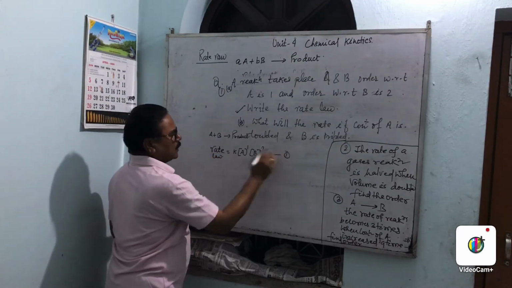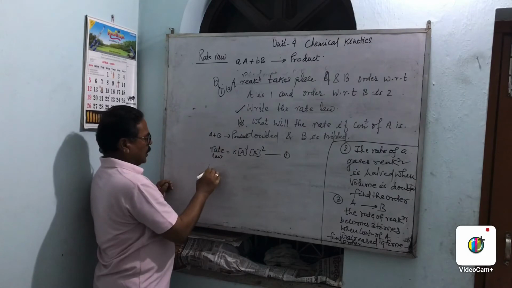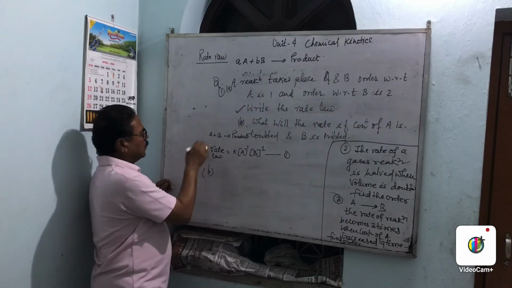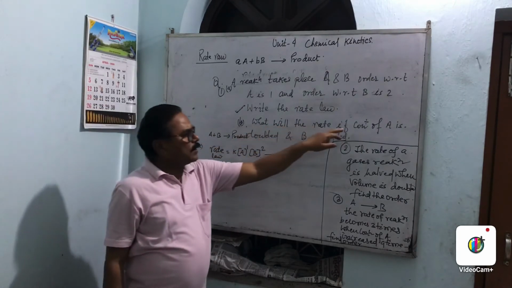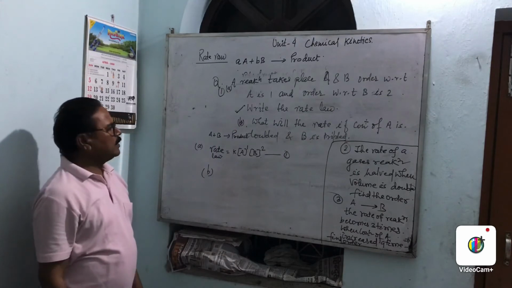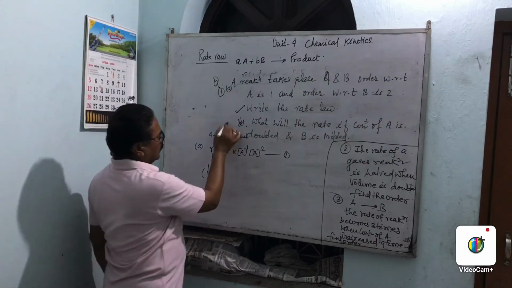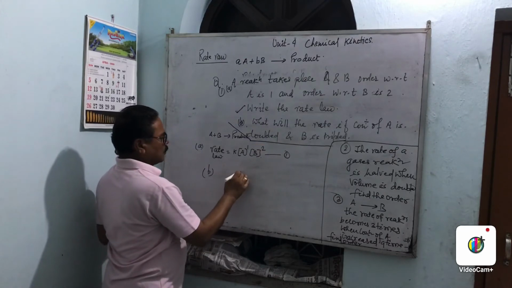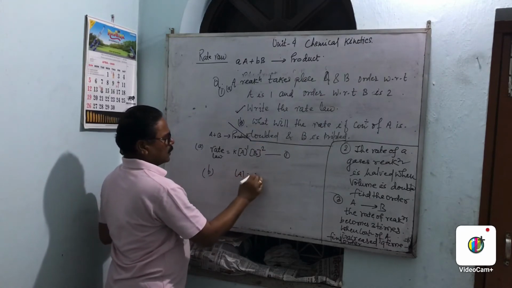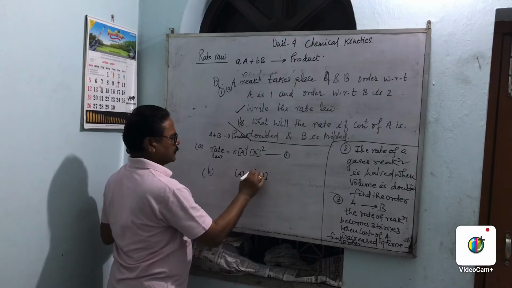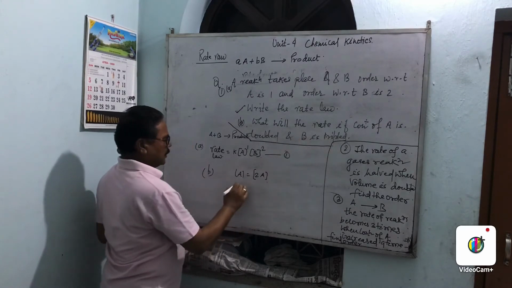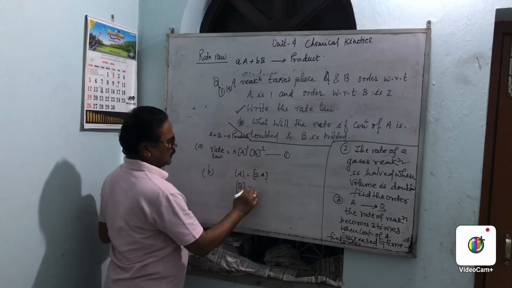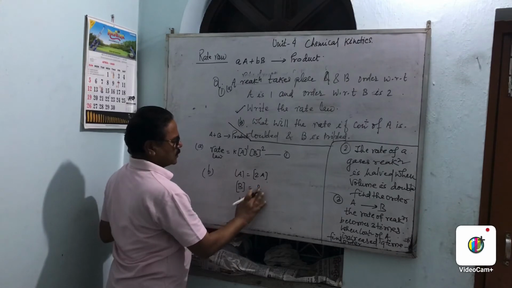This is one. And what will be for part B? What will be the rate if the concentration of A is doubled? A is doubled, so it is twice A. And B is tripled, so this is 3B.